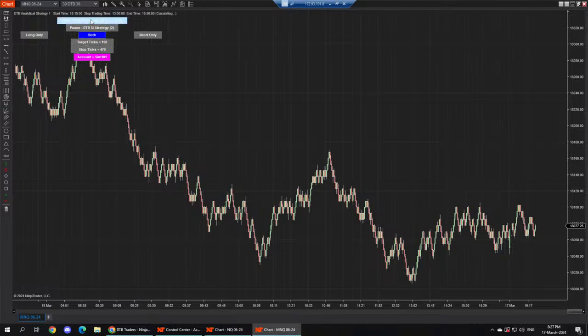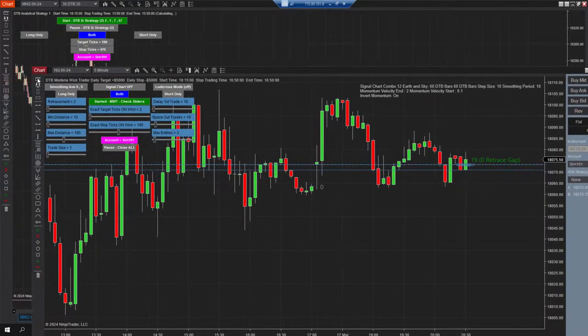And eventually they're all going to have that signal chart button in them. Just like we have over here on the Medina Wick Trader, where you're able to select a signal chart, I'm going to add the same signal chart code to these strategies.